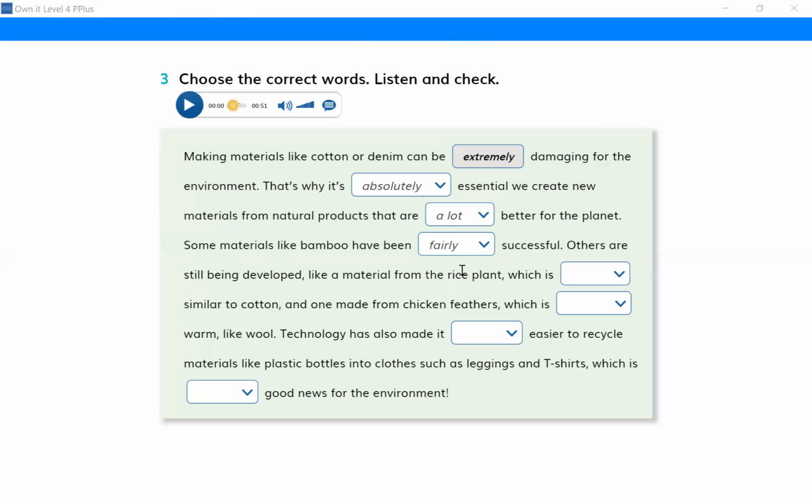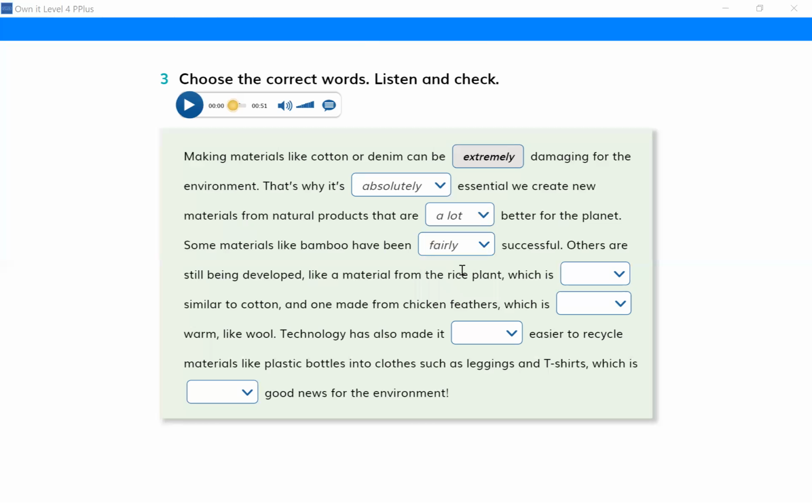And in that group, there's fairly, there's pretty, there's quite. These modifiers have the meaning more than a little, less than very, okay? It is not super successful, but it's successful enough.